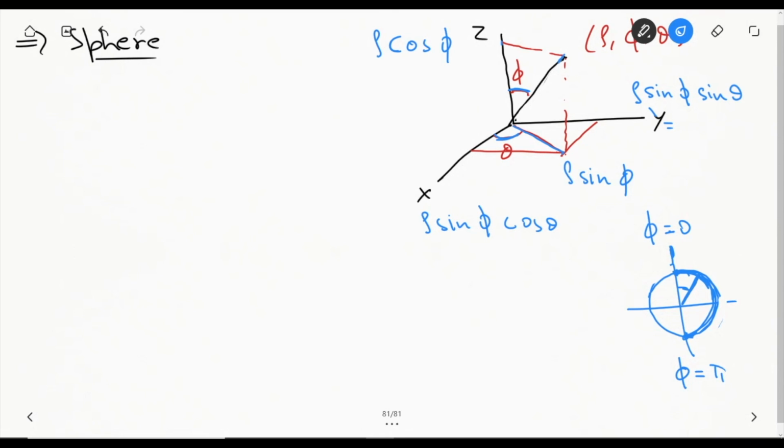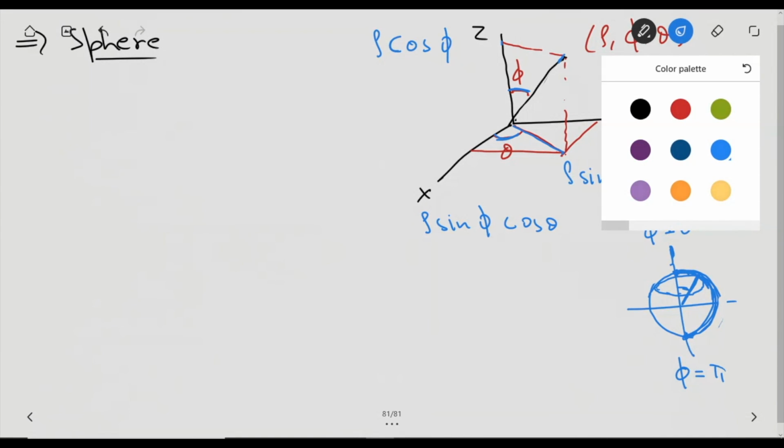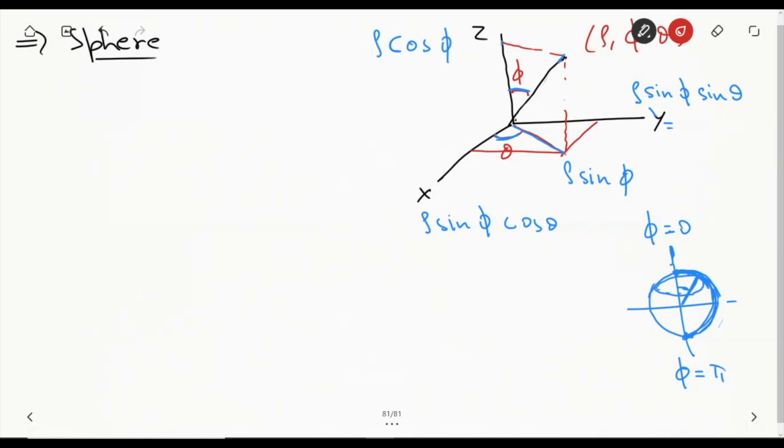Whereas talking about theta at any point, this will be the circle we'll have, and in this case it can make a full circle, so theta is going from 0 to 2 pi, whereas phi is going from 0 to pi, right?